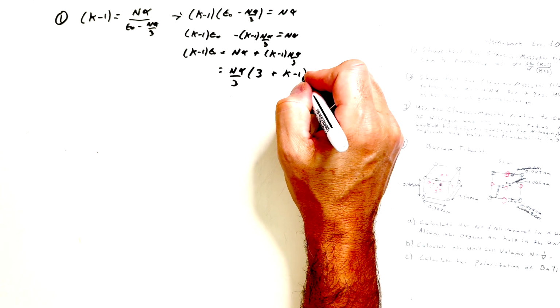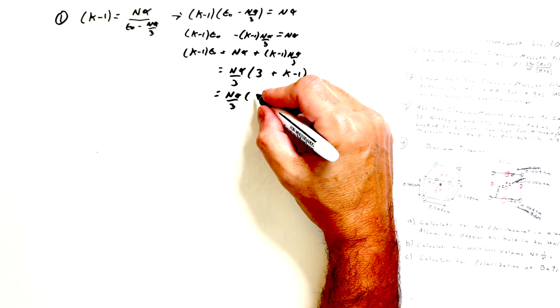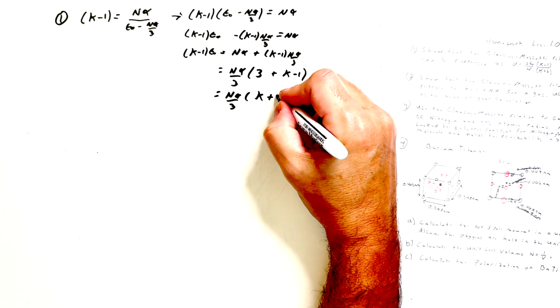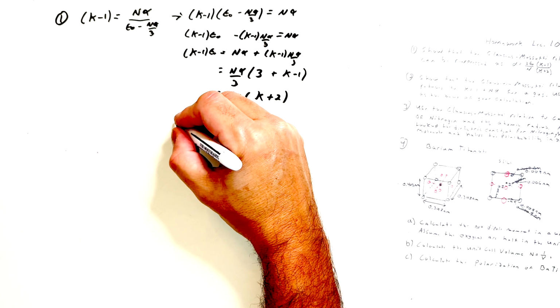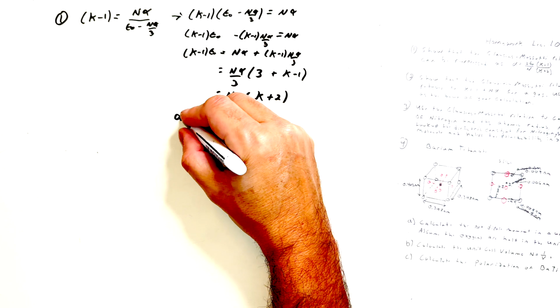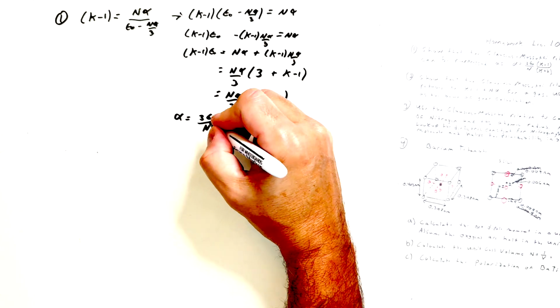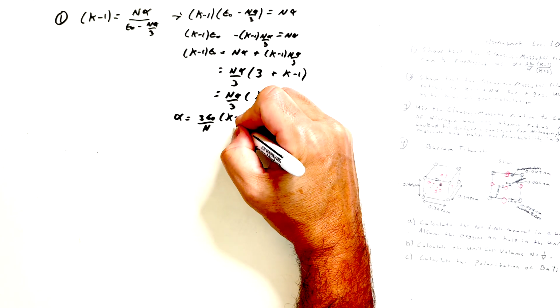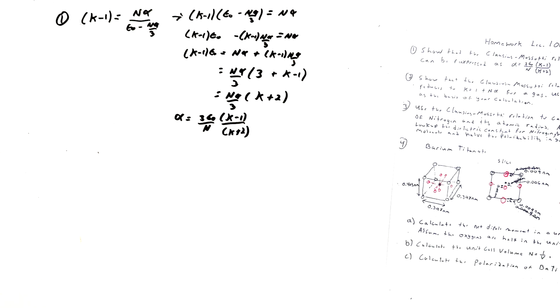Adding 3 and minus 1, we get n alpha over 3 times kappa plus 2. And now we can solve for n alpha. Or, excuse me, we can solve for alpha. So alpha equals 3 epsilon naught over n times kappa minus 1 over kappa plus 2. And that is it. Pretty good.